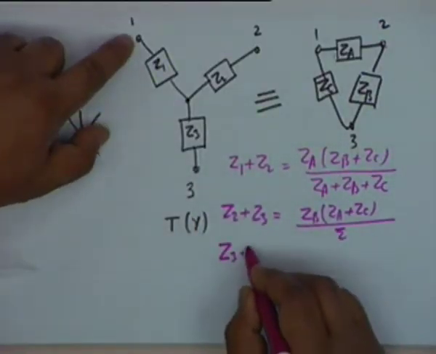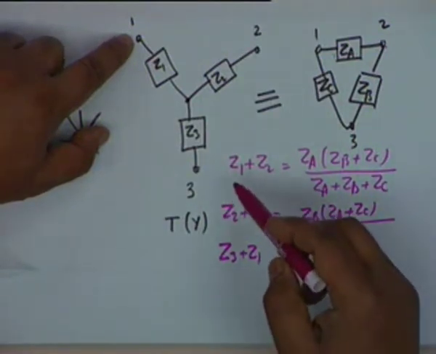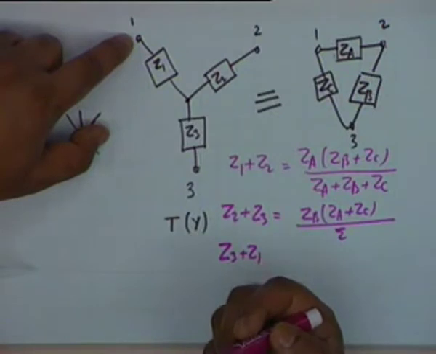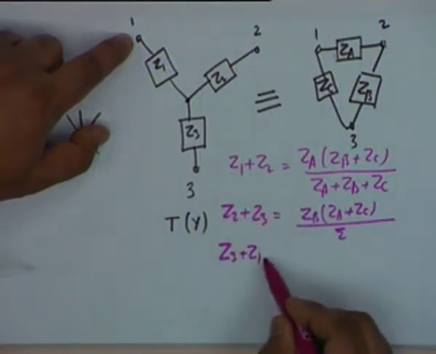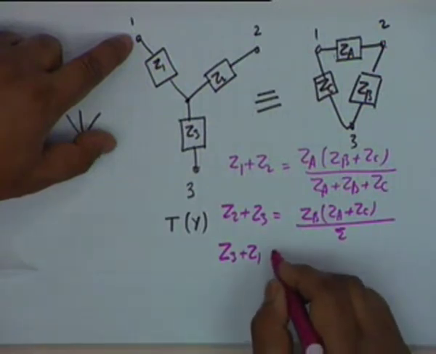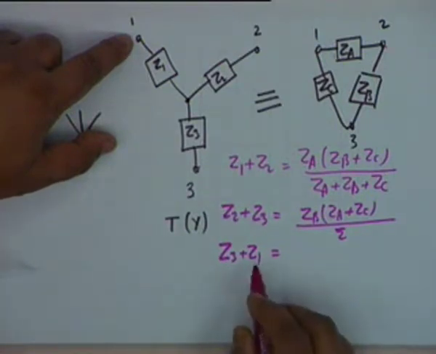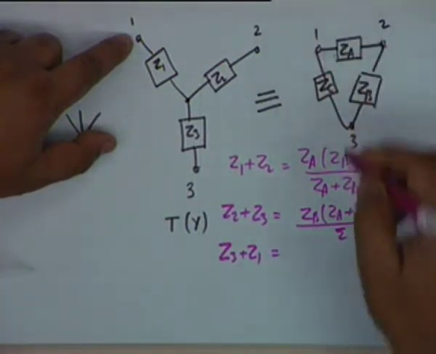So, Z3 plus Z1. You must notice that there is a certain kind of circular symmetry that I am following. 1, 2, 2, 3, 3, 1. It always helps. Nature has symmetries, beauties of symmetry, and it helps to preserve those symmetries. Z3 plus Z1 shall be between 1 and 3.